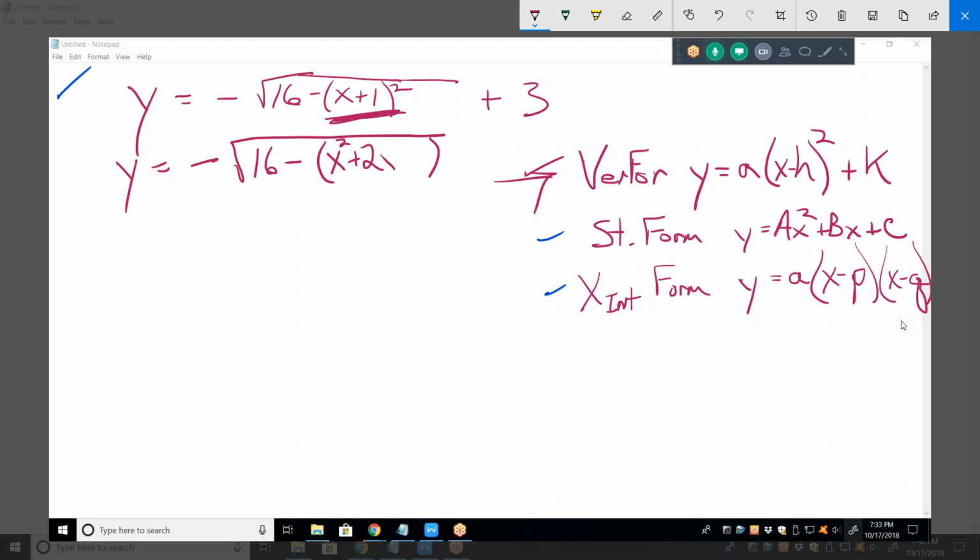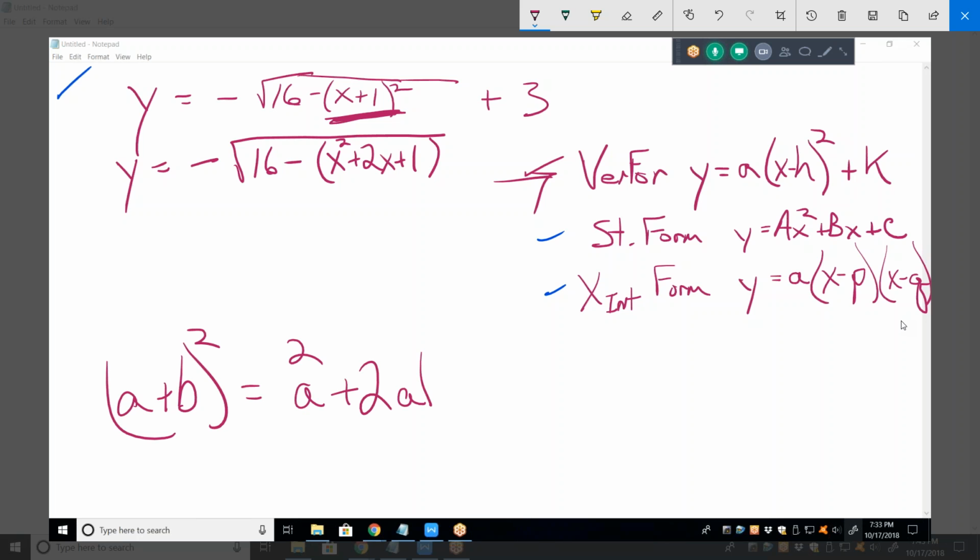That's one of them. I don't mean x plus 1 squared, I mean anything squared. In other words, if I have a plus b squared, doesn't matter what a and b are, it's a squared plus 2ab plus b squared.